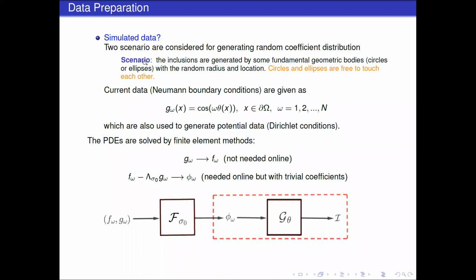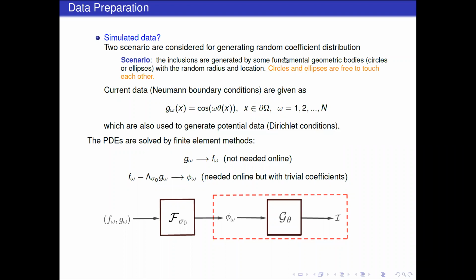So instead, at this stage, we are trying to first train the neural network by synthetic data, and then adjust the resulting neural network by experimental data. But in this talk, let me just focus on the synthetic data. So we generate many inclusion samples by some simple geometric bodies, such as circles and ellipses, which are free to touch each other.